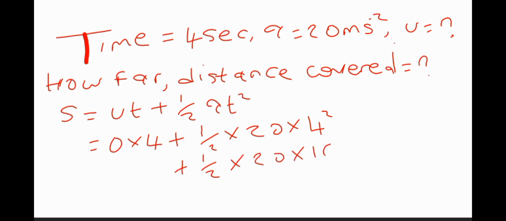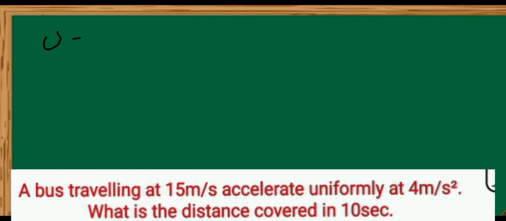So the final answer here is 160 meters. This is how you should be able to solve each question on motion. Though these are very simple ones, we'll still be proceeding to the more technical questions, but these are the basic things you need to know while solving motion in physics.